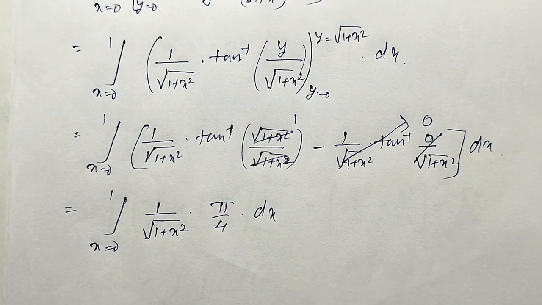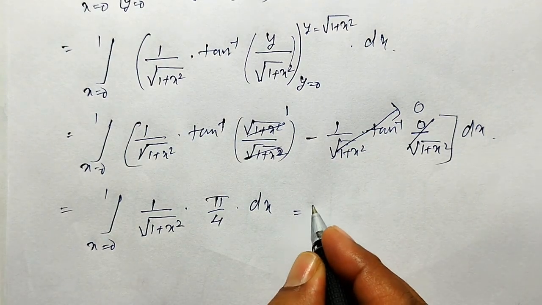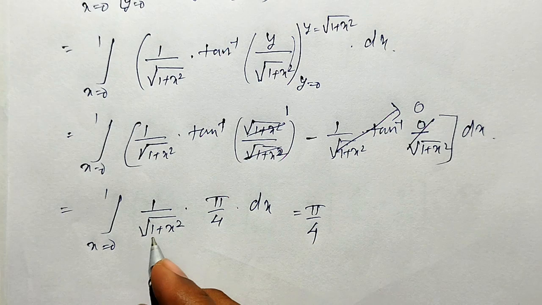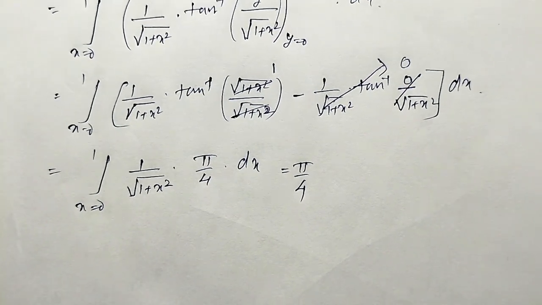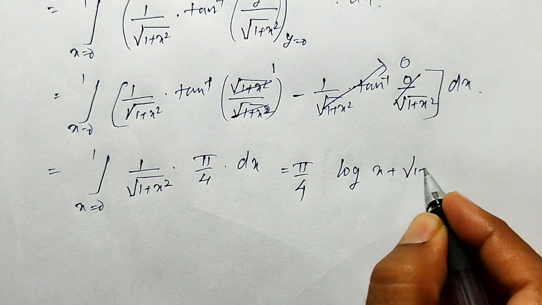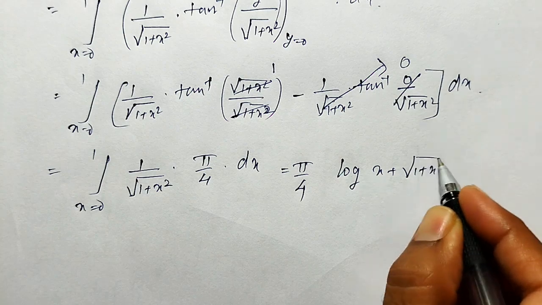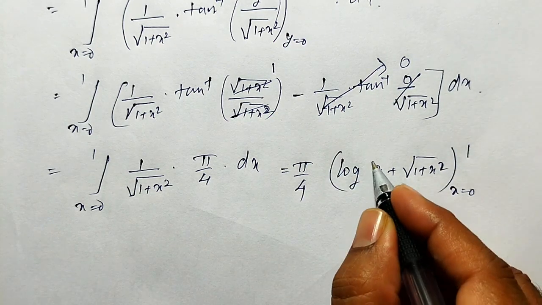Therefore here pi by 4 is constant, and the integration of 1 divided by square root of 1 plus x square is nothing but, as we know, log of x plus square root of 1 plus x square. This is between the limits x equal to 0 to 1.